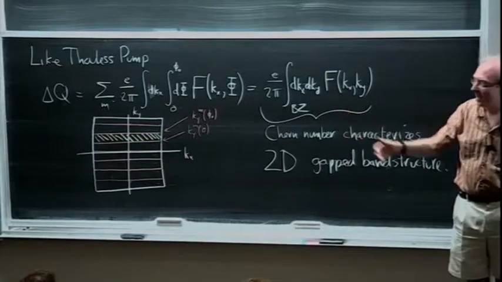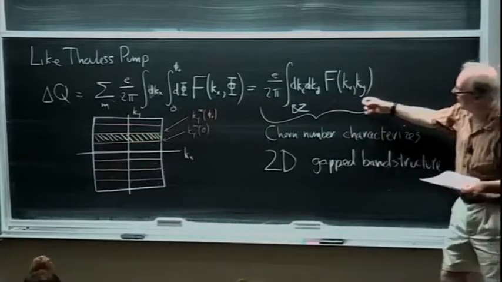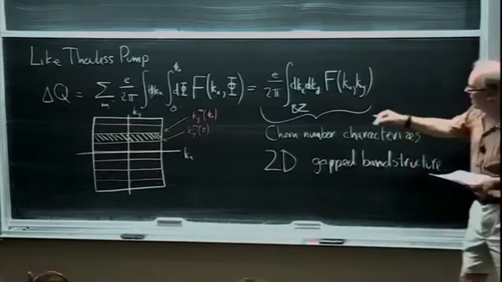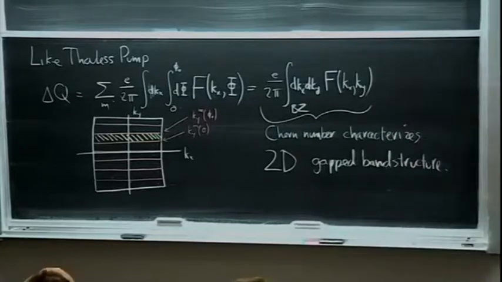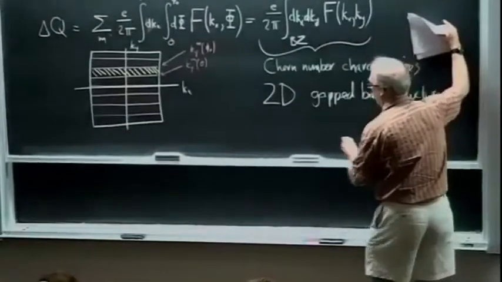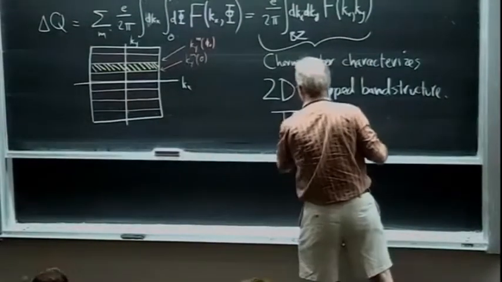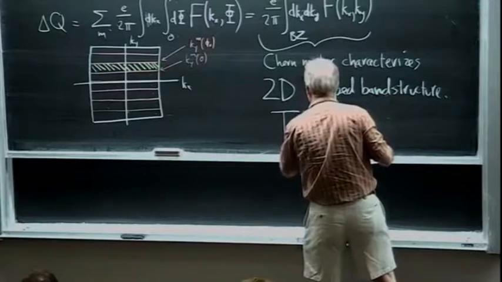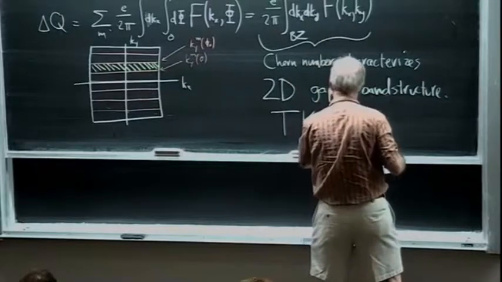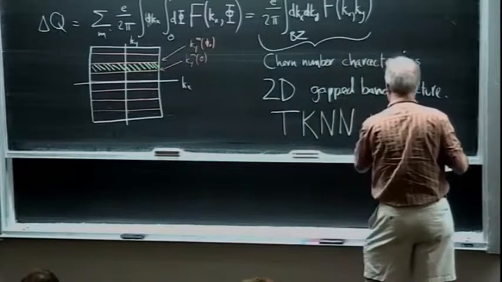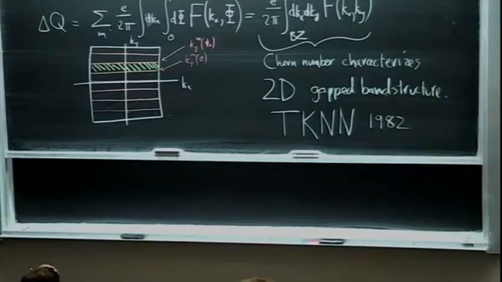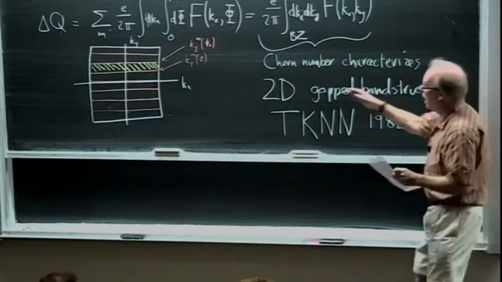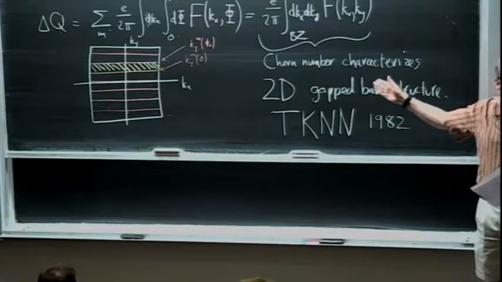Now this result, that the Hall conductance is the Chern number, is a famous result by Thouless, Kohmoto, Nightingale, and den Nijs. So this is TKNN, 1982. Actually, this is not the calculation that they did.